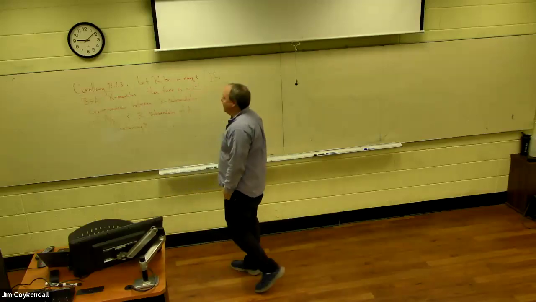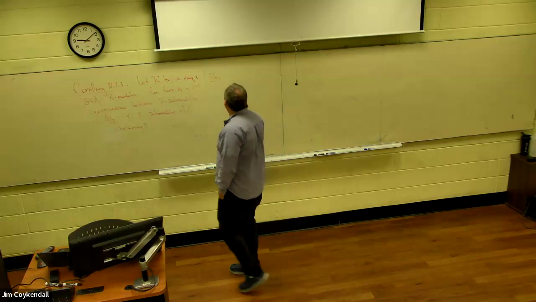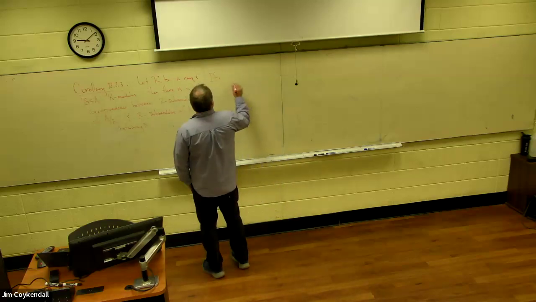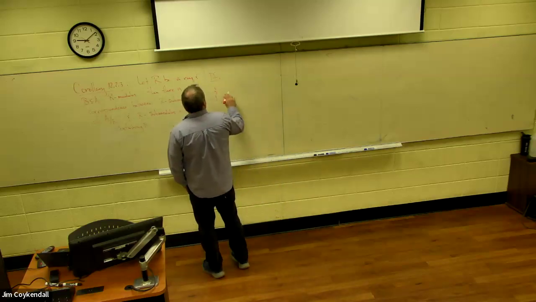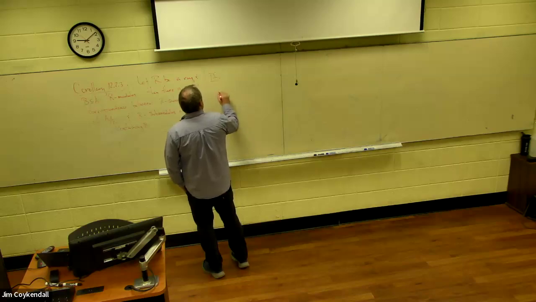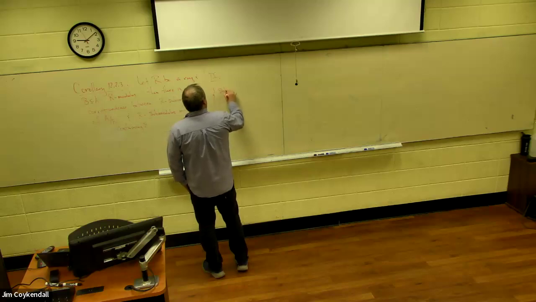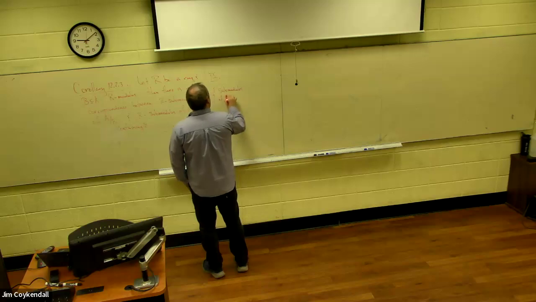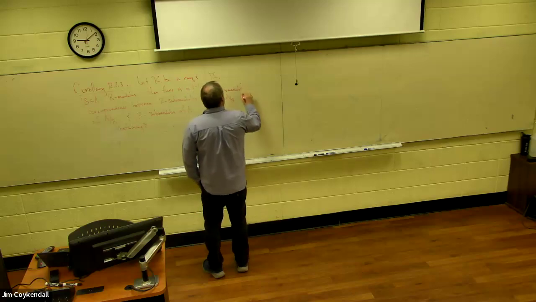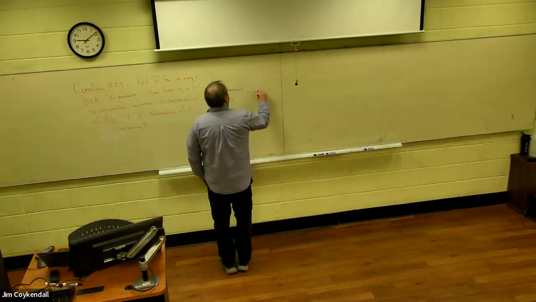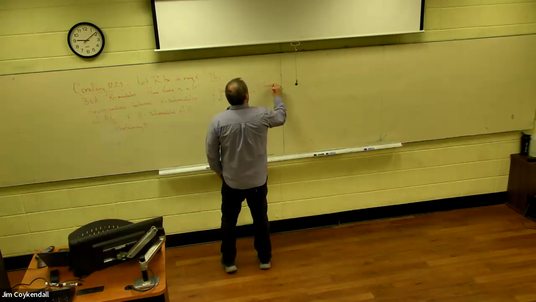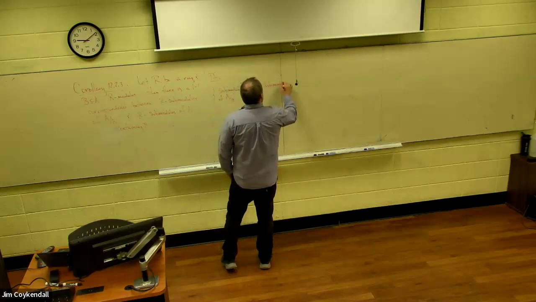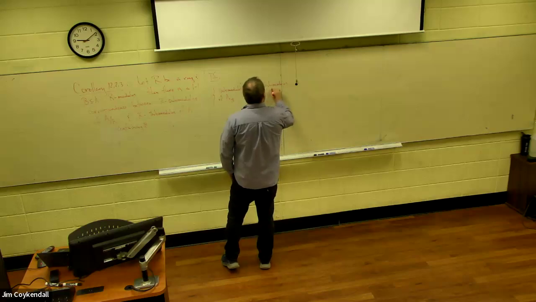How does the correspondence work? Let me think this way: submodules of A mod B, and submodules of A containing B.